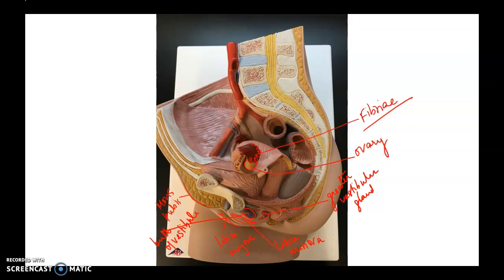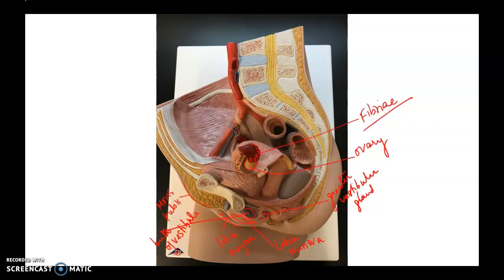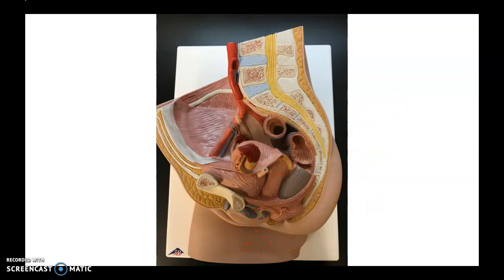So the point is, the ovary releases the secondary oocyte each month, and this secondary oocyte then moves into the oviduct by the action of the fimbriae. More to be discussed in lecture. Okay, and this tube is called the fallopian tube. Fallopian tube or oviduct or uterine tube, same thing.